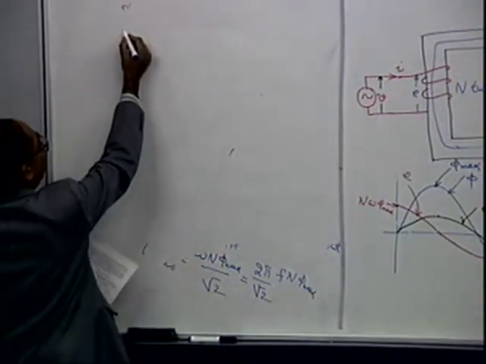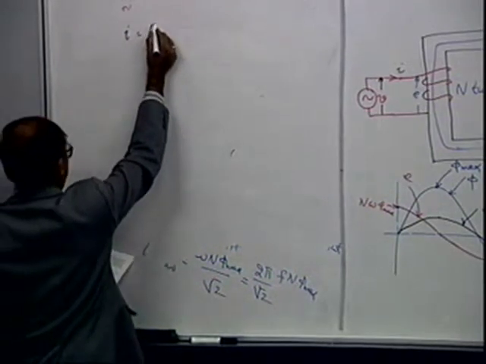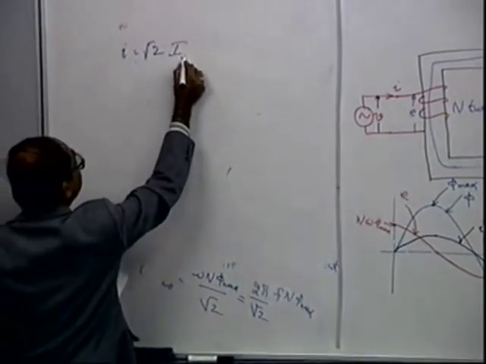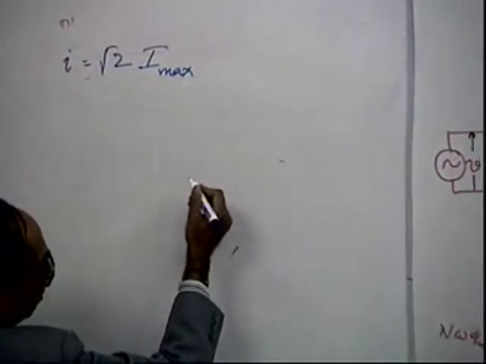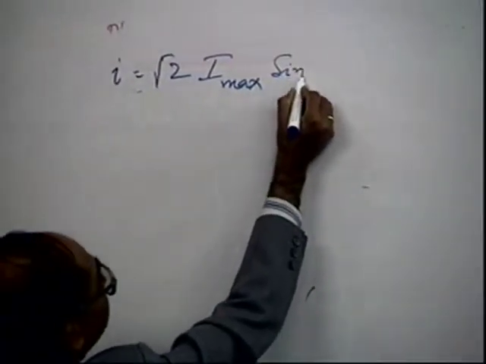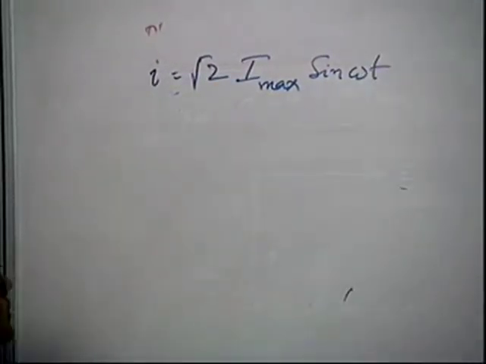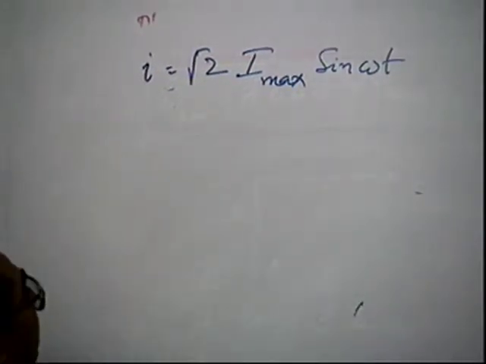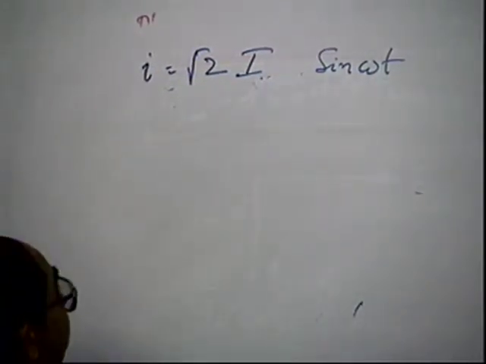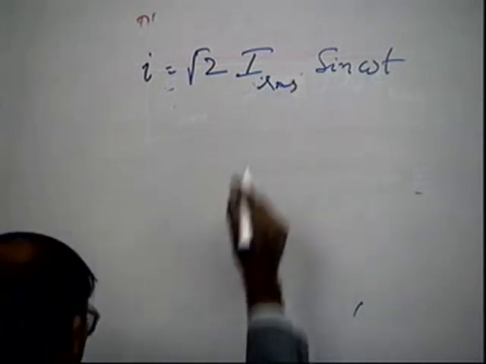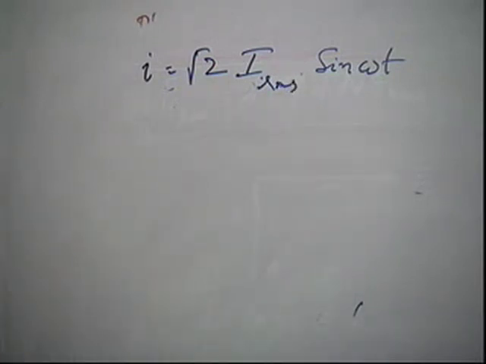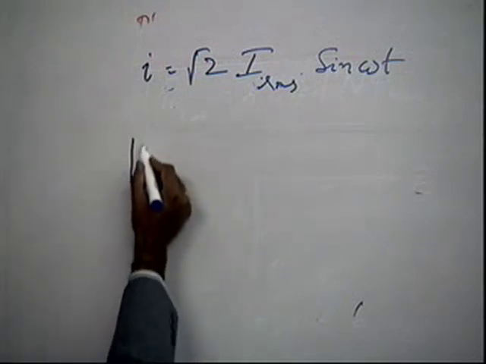So we can write I as root 2 times I max, maybe sin omega t. I RMS. Okay, and what will be H RMS?